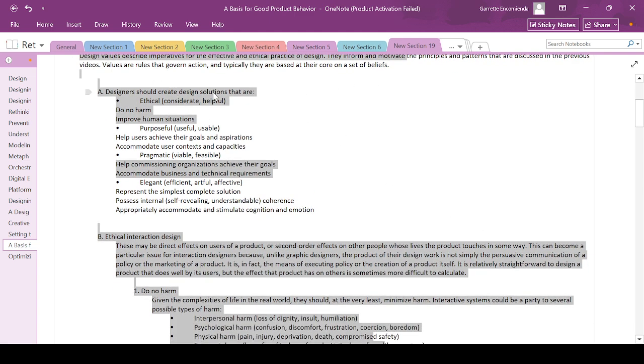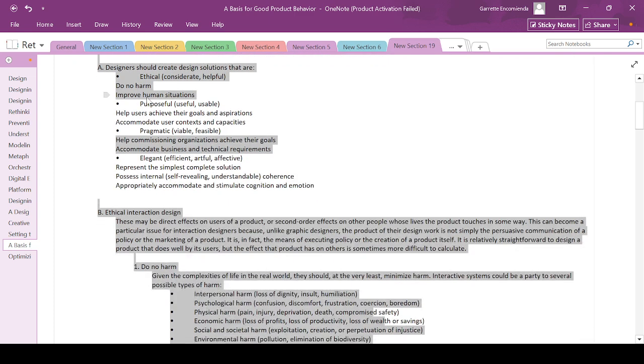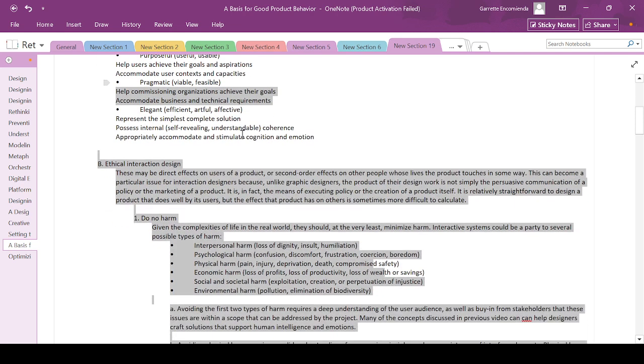So designers should create design solutions that are ethical, considerate, helpful, do no harm, and improve human situations. They should be purposeful, useful, usable, help users achieve their goals and aspirations, and accommodate user contexts and capacities.